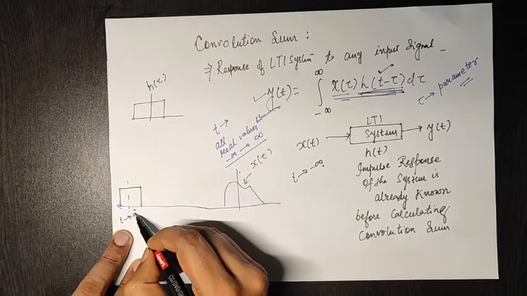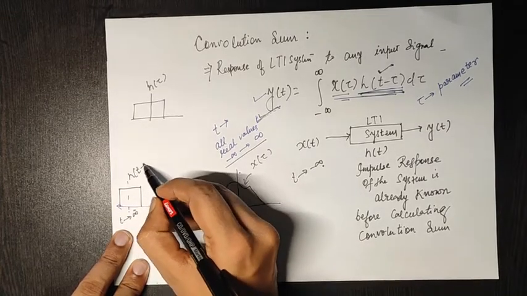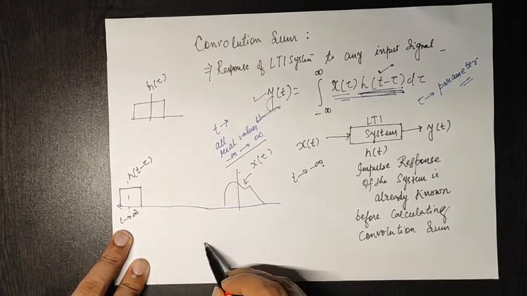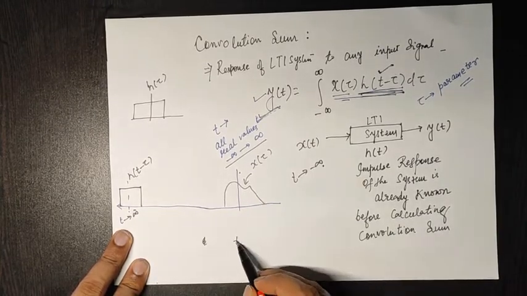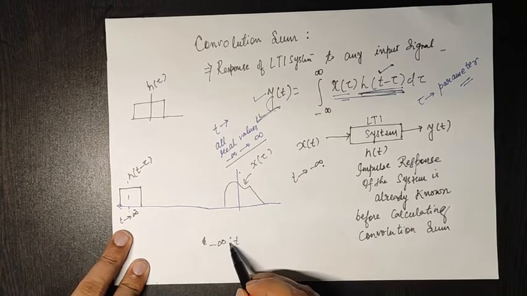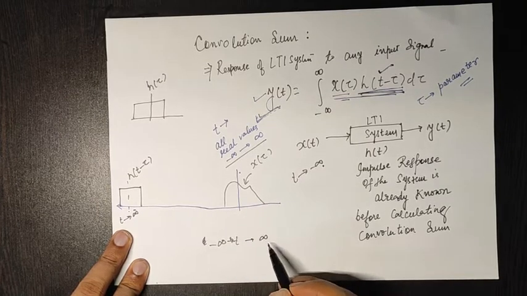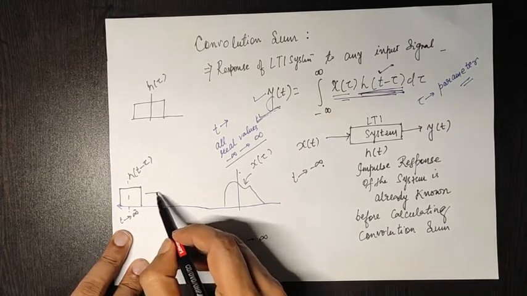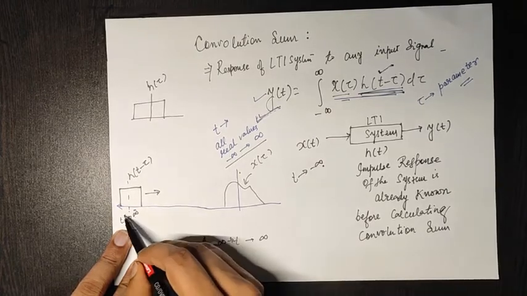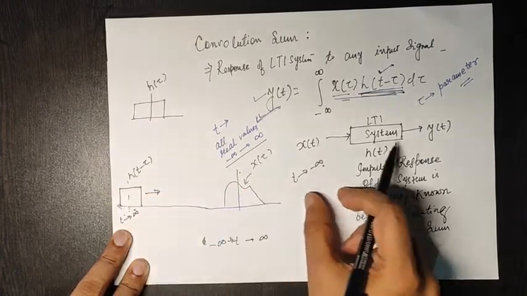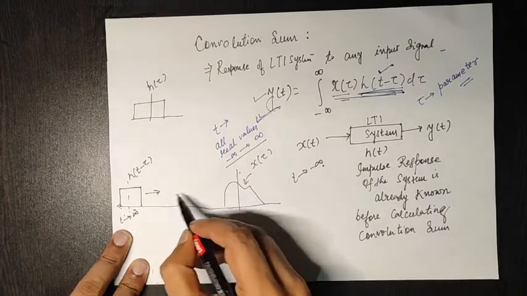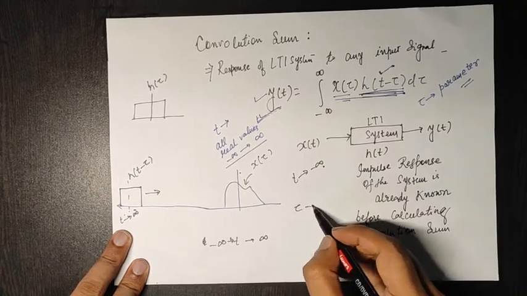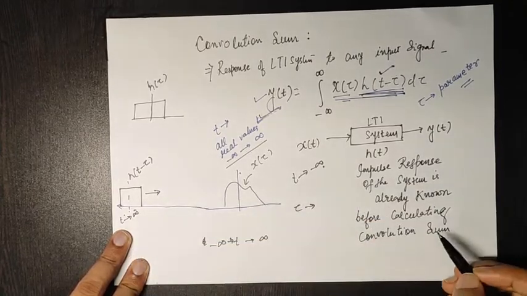At t tending to minus infinity, this is h t minus tau. Now we are changing t from minus infinity to infinity. So this curve is shifting towards this side from minus infinity. This curve is traveling in the positive t direction, or you can say if this is tau, it is traveling in the positive tau direction.